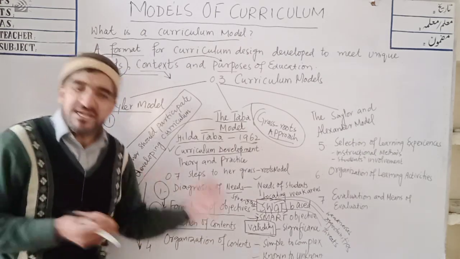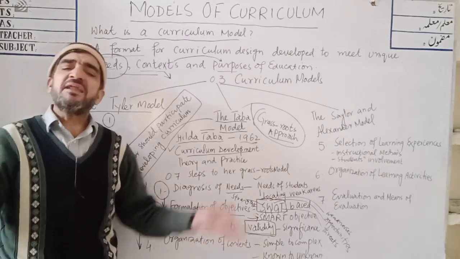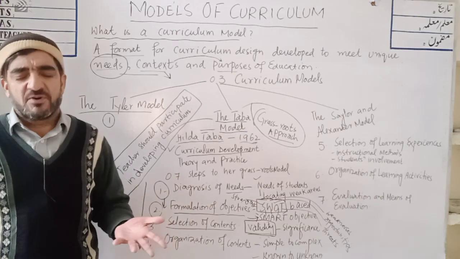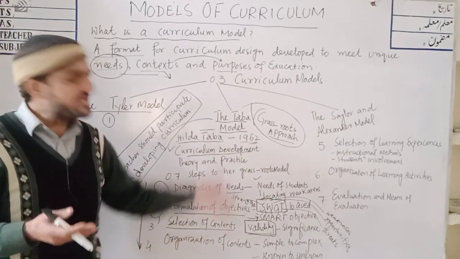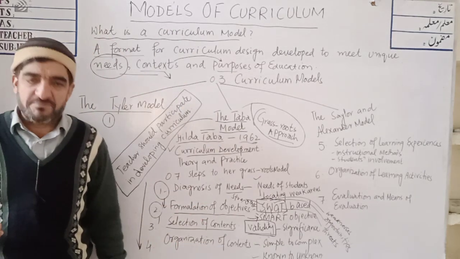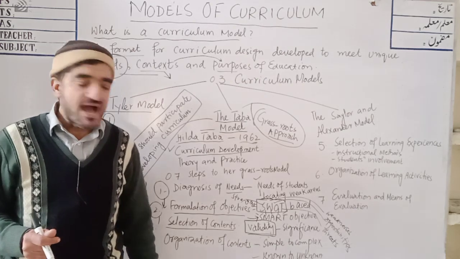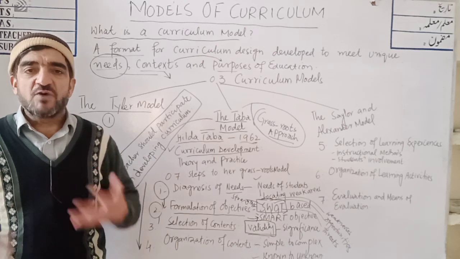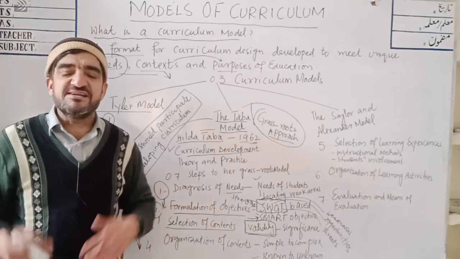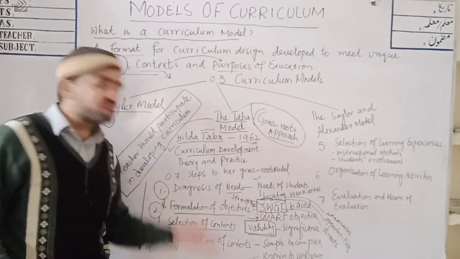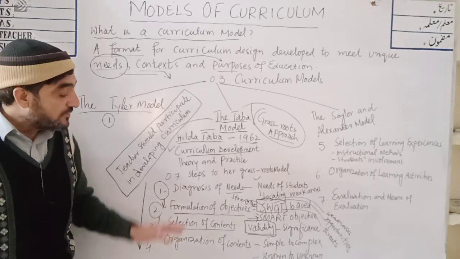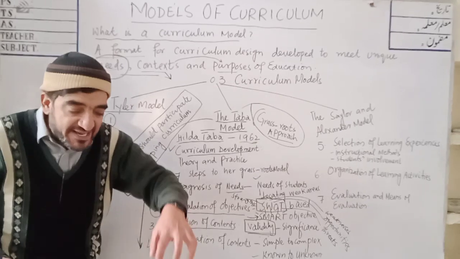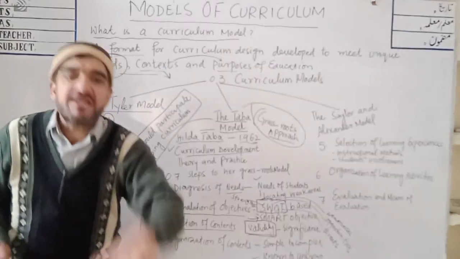For example, is there any need of teaching Shakespeare to the students of class 3? Or to include the poetry of Wordsworth, Coleridge, Keats and Shelley at class 3 level? So, validity means that content should be selected according to the level of the learners.